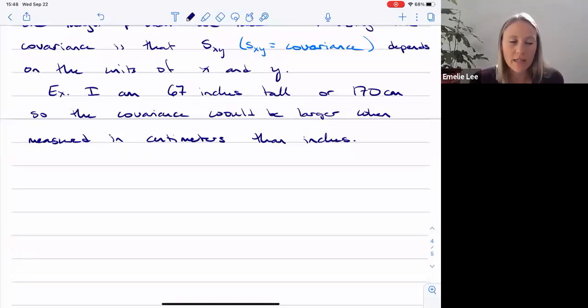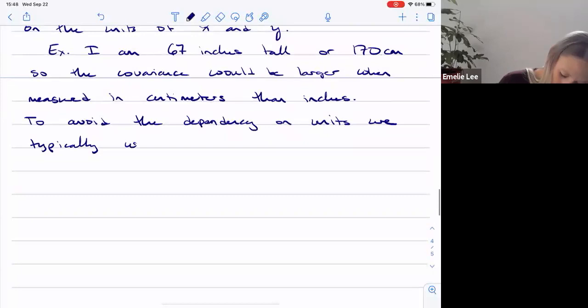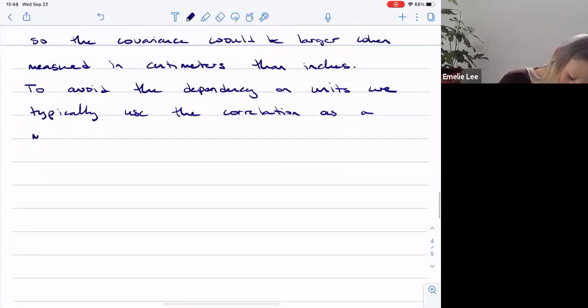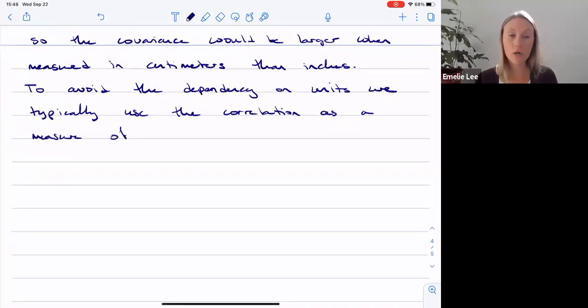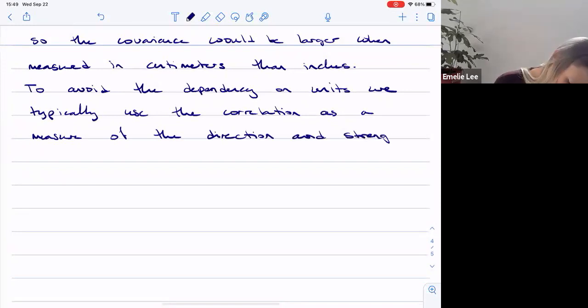And so to avoid that dependency on units, we typically use the correlation as a measure of the direction and strength of a linear relationship.